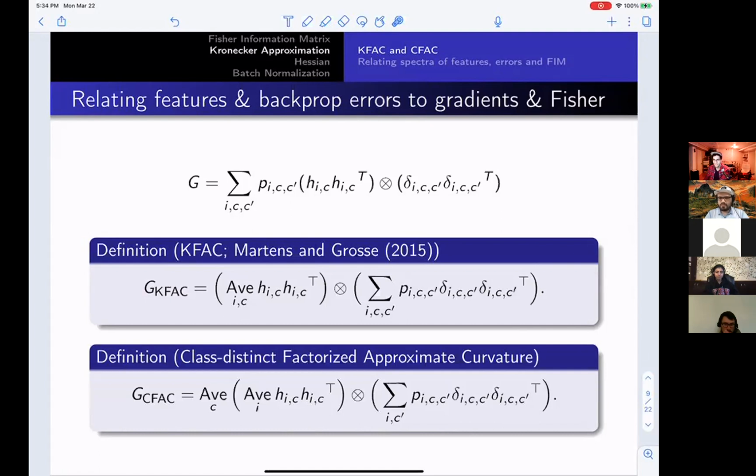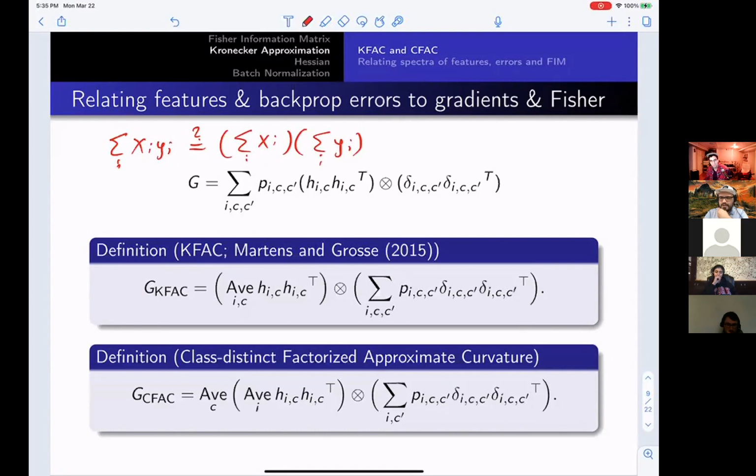No. One easy way to see why it's not equivalent is, let me write it in a simpler manner. If you have the sum over x_i y_i, is it equivalent to the sum over x_i times the sum over y_i? Not equivalent, right?